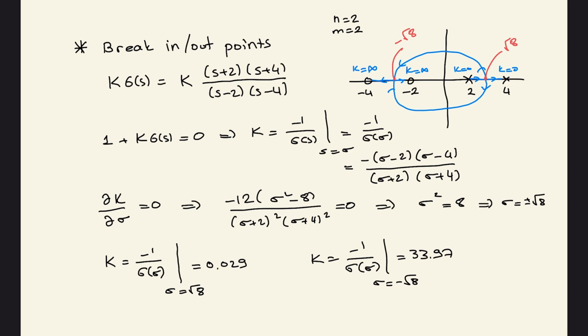If you go back and insert these numbers into the gain equation coming from here, you are going to get 0.029, meaning that for k equals 0.029, you are at this point. If you insert minus square root of 8, for gain equal to 33.97, you are at this point.